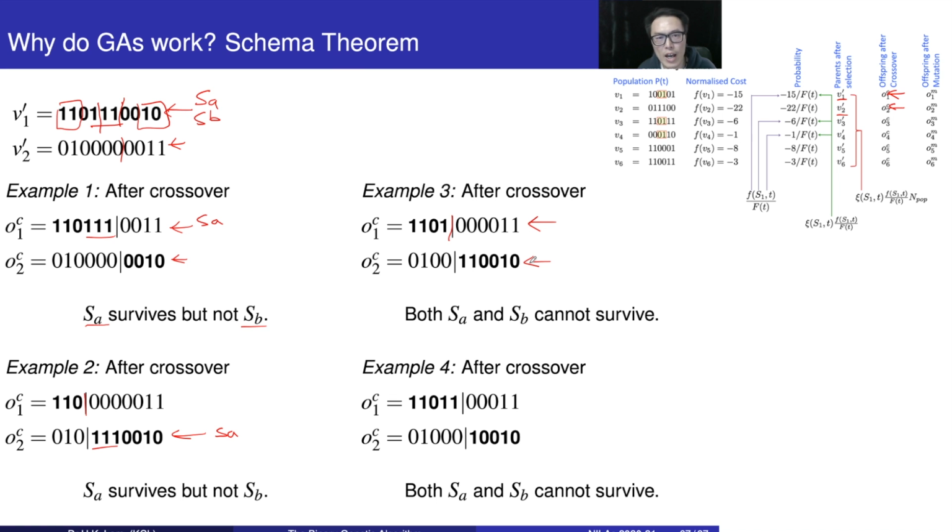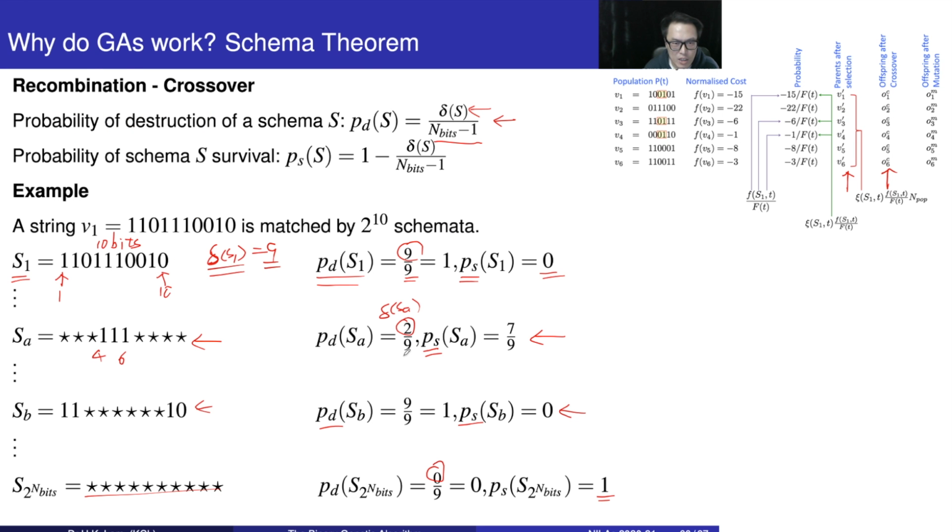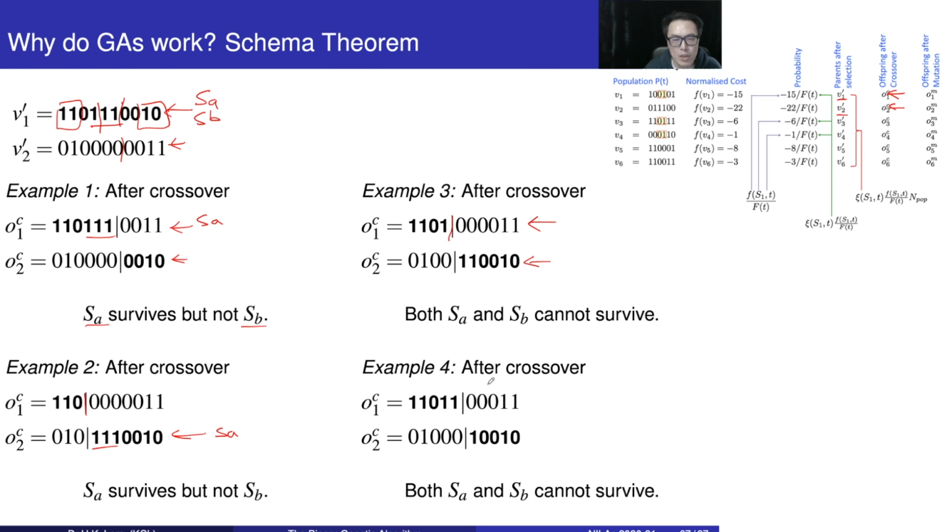That means SA has a higher chance to stay or to survive, but it also has some probability to be destroyed. Now if we choose another crossover point right here, we destroy SA and SB as well.